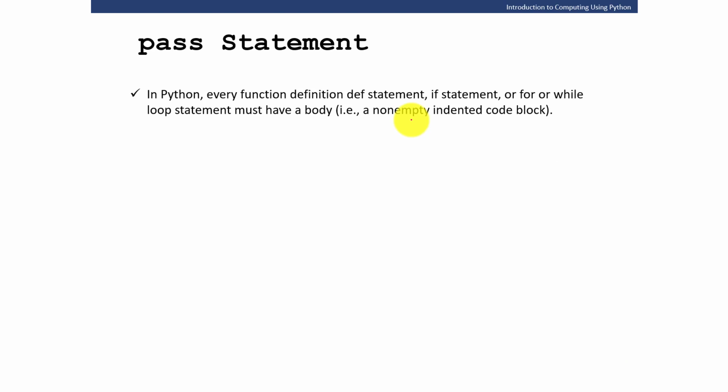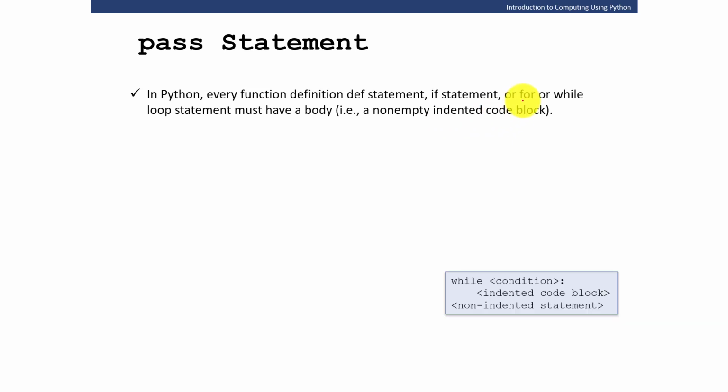If you notice in Python, every function definition or every if, for, while loop statement must have a body. So you must enter a non-empty indented code block. That's the case of the while statement here.